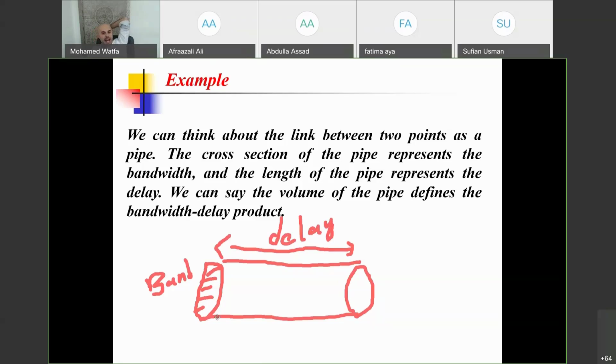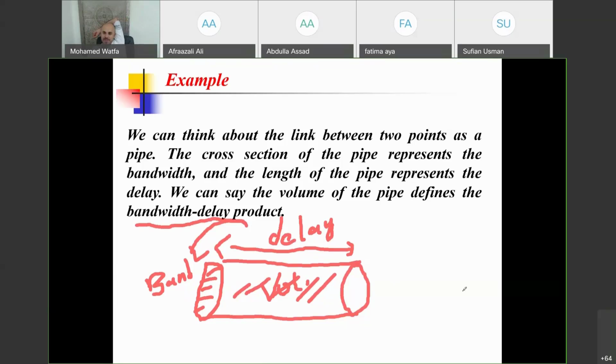So now we can say the volume, basically how much I'm sending here, is the delay times the bandwidth. We call this the bandwidth delay product.